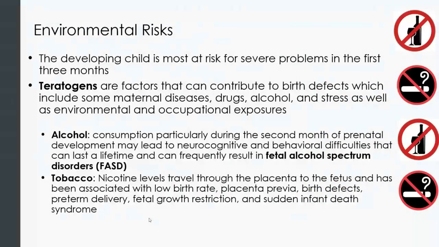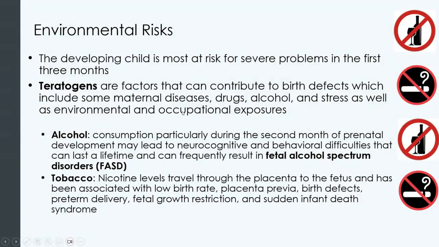As far as teratogens, you heard me say these are any agents that can pose a risk for the developing embryo and or fetus. Now, the earlier you're exposed to any of these, and it's not just alcohol and tobacco, it can be maternal diseases, it could be measles and chickenpox, it could be drugs that the mother is taking, and not all of them malicious. They could be drugs that were needed for high blood pressure, or maybe an antidepressant.